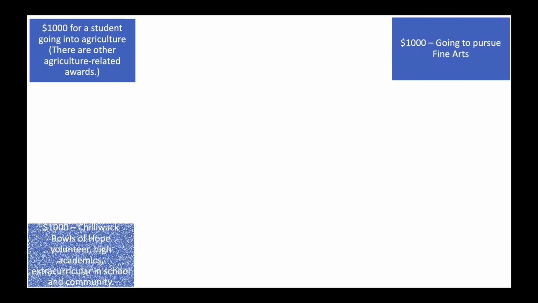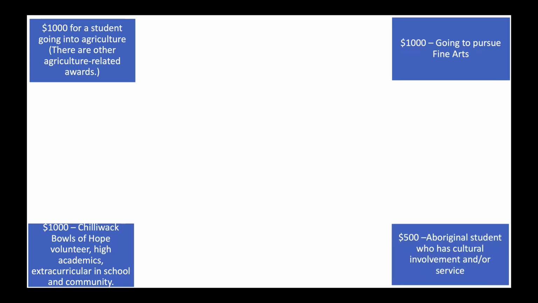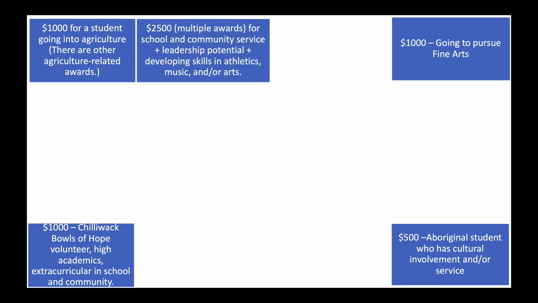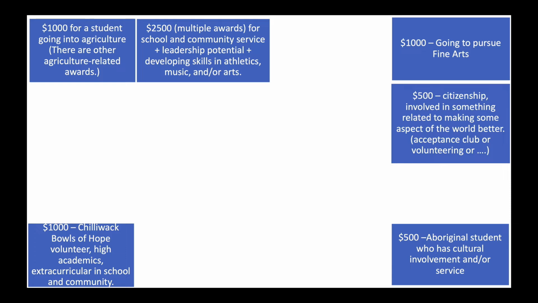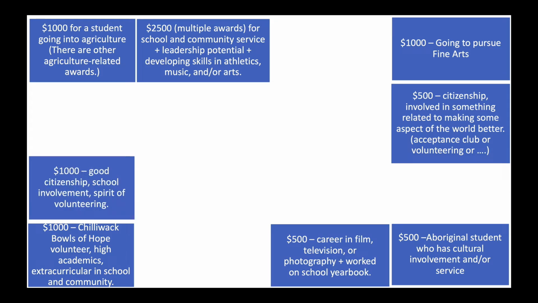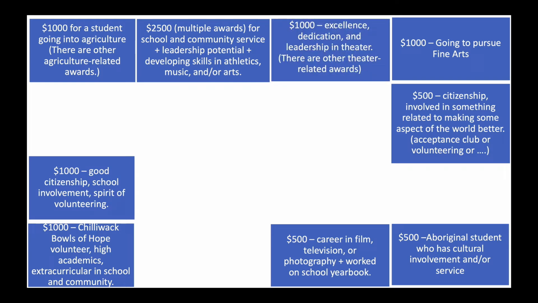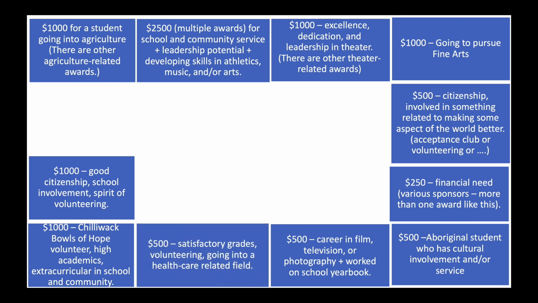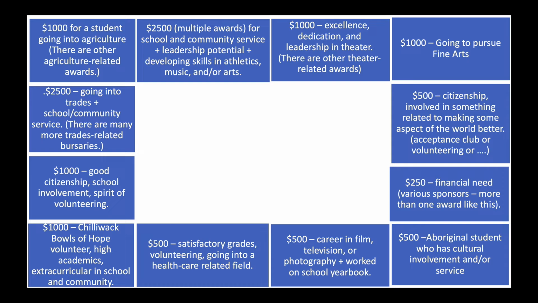Agriculture students, fine arts, someone who volunteers for Bowls of Hope and does extracurriculars, an Aboriginal student who has cultural involvement or service, school and community service and leadership potential and skills in the arts or sports or athletics, citizenship, doing something to make the world a better place, looking for a career in film or television or photography and worked on a school yearbook, good citizenship, school involvement, spirit of volunteering, leadership in theater, financial need, satisfactory grades, volunteering and going into a healthcare related field, going into trades, and also doing some school and community service.